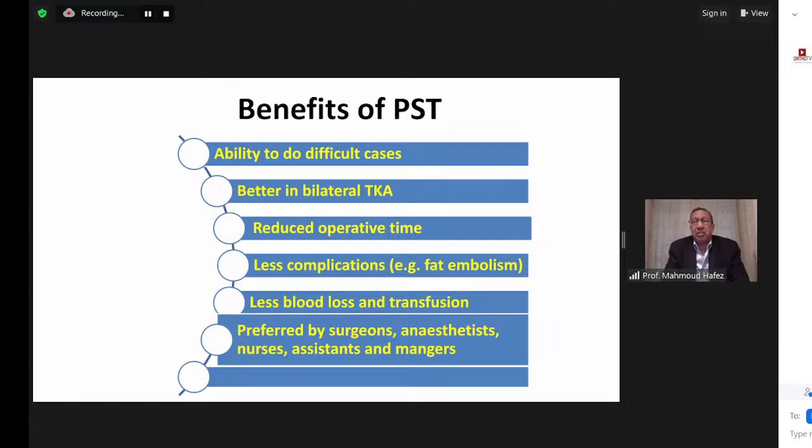Although robotics and navigation take longer. This is a big disadvantage, because for bilateral you really want to reduce time, and when you reduce time, you also reduce blood loss. So in the end, it's preferred not only by surgeons, but also by anesthetists, assistants, nurses, and managers.